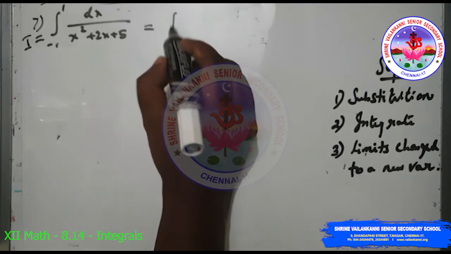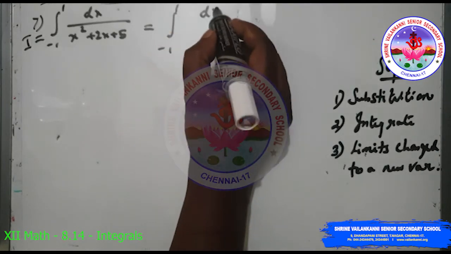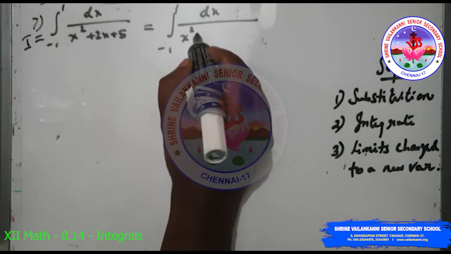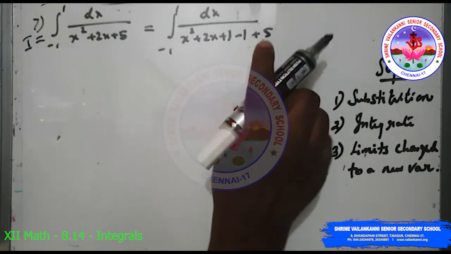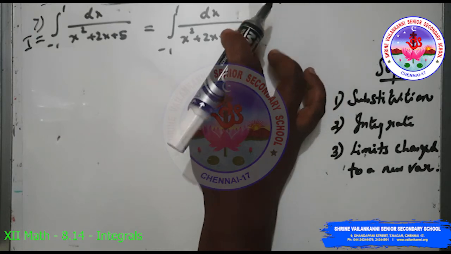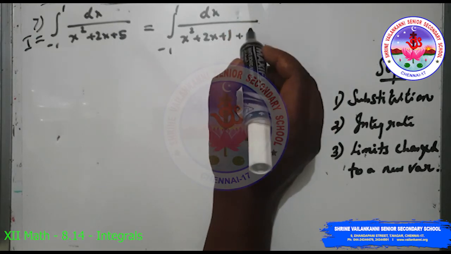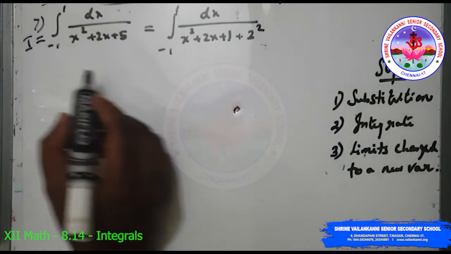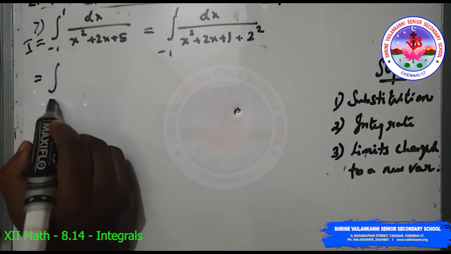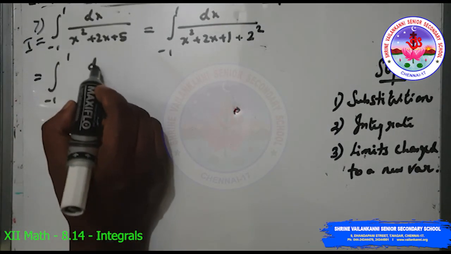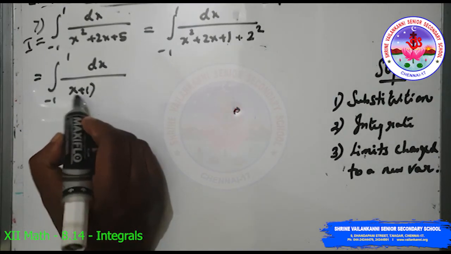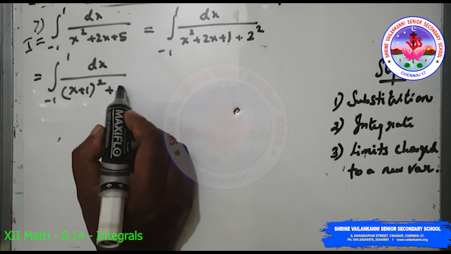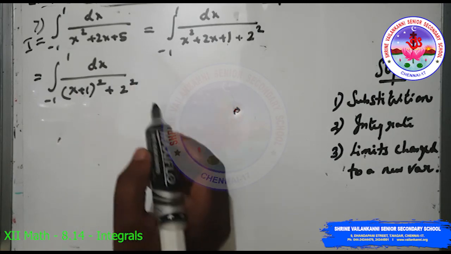I am writing this as minus 1 to 1 dx by x square plus 2x plus 1 minus 1 and plus 5. So 5 minus 1 is 4, we can write this as 2 square. So which is equal to integral of minus 1 to 1 dx by x plus 1 whole square plus 2 square.